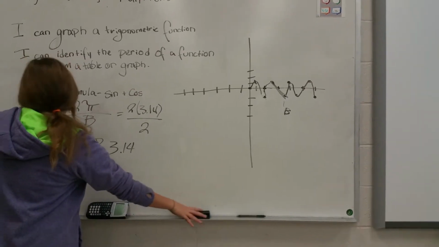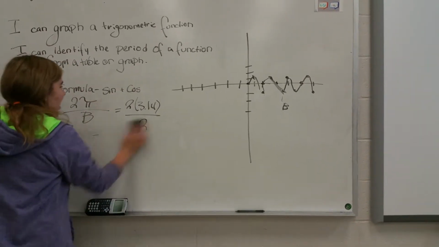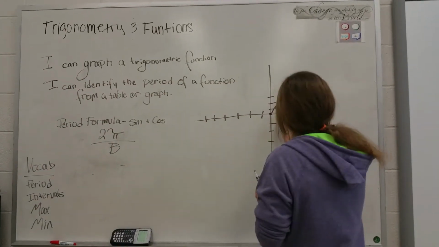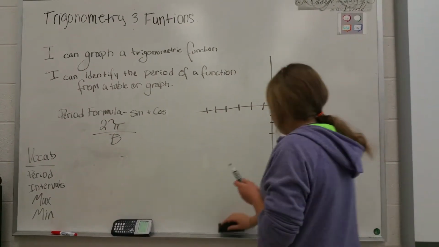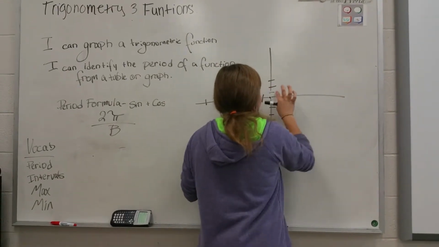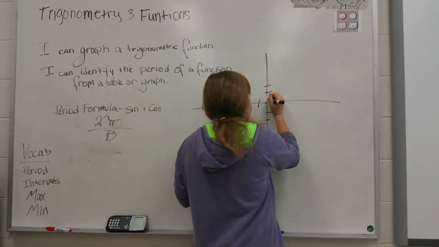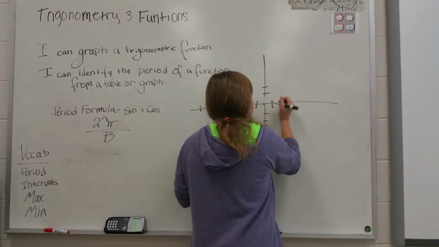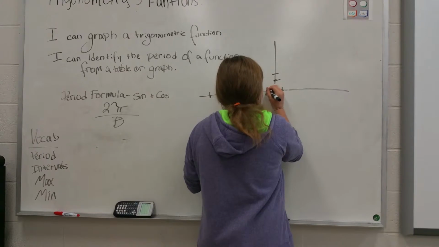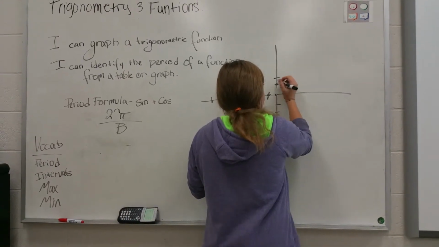Cosine is a bit different. Whereas it would start on the origin here for sine, for cosine, you would begin on the 2 points opposite the origin.